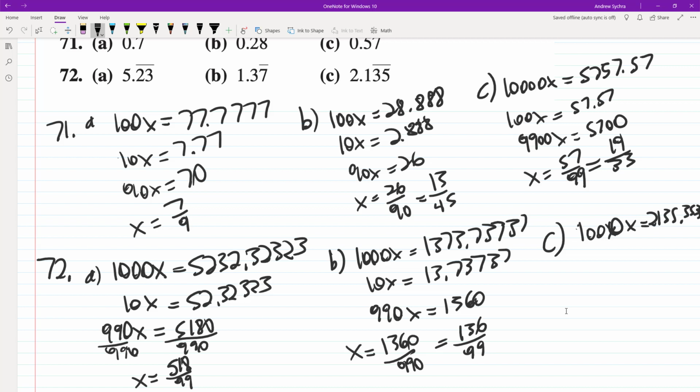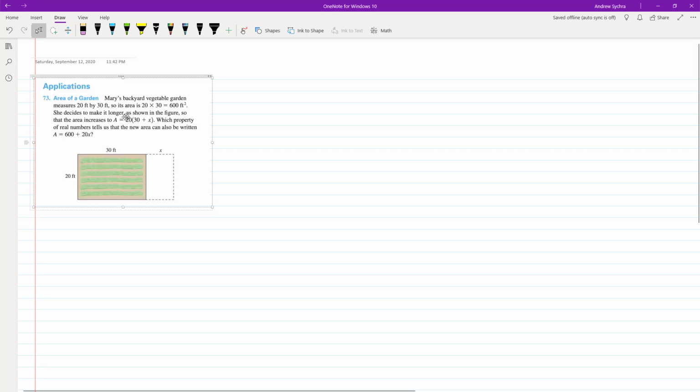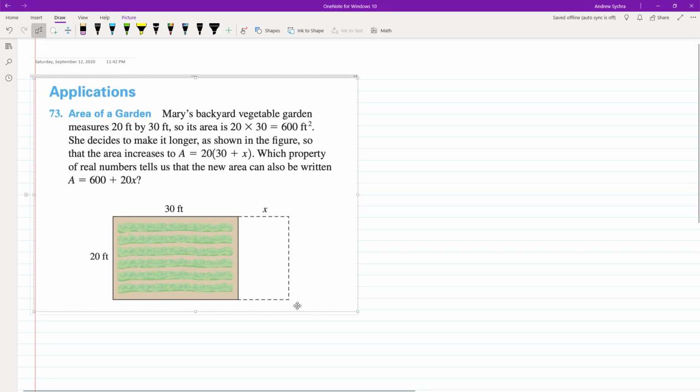Moving on, 73. So we got a garden. She decides to make it longer, as shown here.